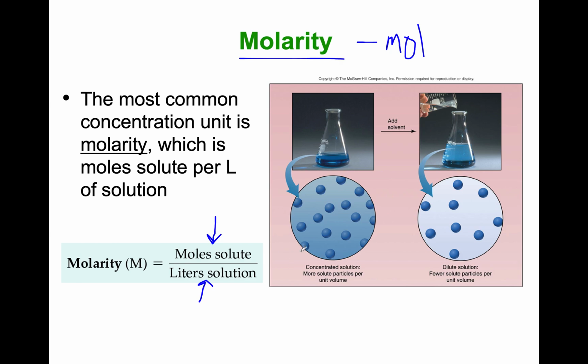Back to our terminology: dilute means fewer particles, less color; concentrated means, look how dark this solution is now, there are a lot more moles in there. You add solvent, you dilute it, and there's a smaller amount, so it's more faint versus more dark.